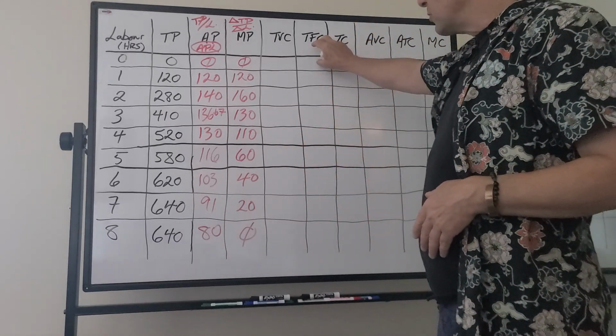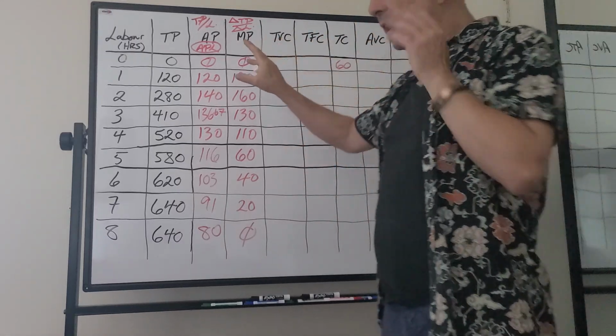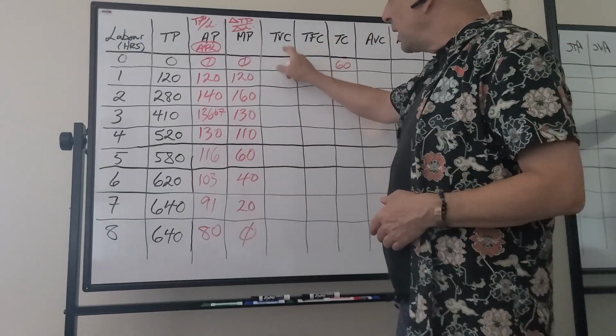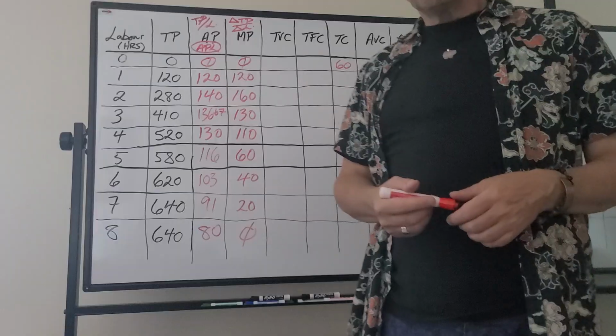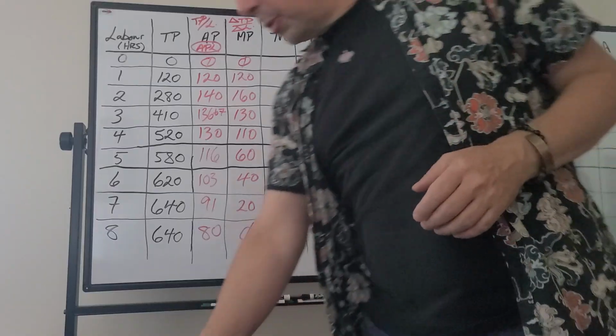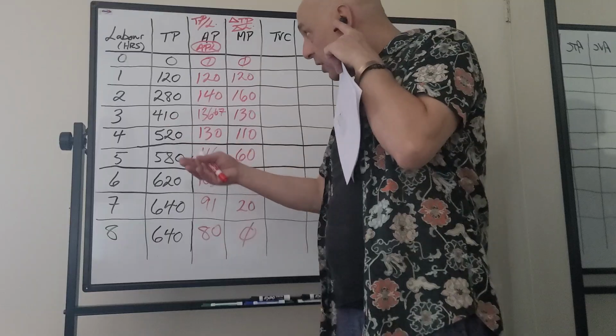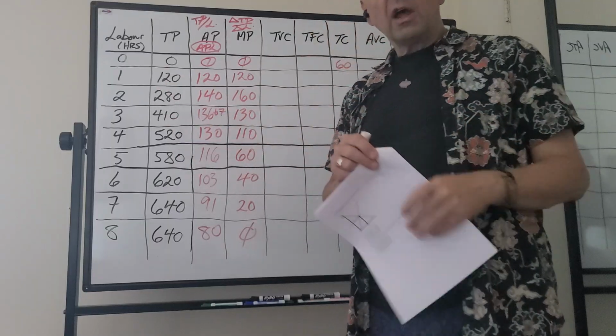So those are the things that don't change based on the level of production or the amount of labor that we have introduced. And then we have the total variable cost, right? The variable cost is going to be what is increasing as we add more units.